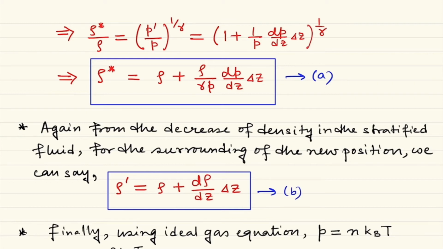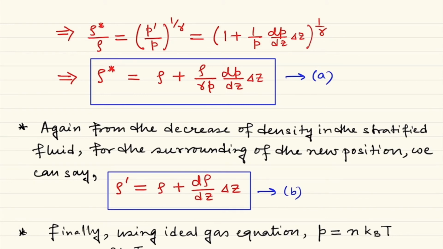Remembering that this factor can be assumed to be very small with respect to 1, raising it to the power 1 by gamma lets us expand it like a binomial series.